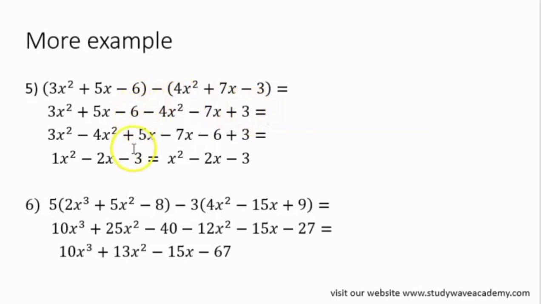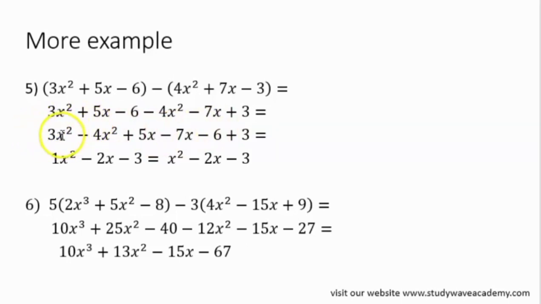Okay, the next step is to take the common variables and common numbers. So we have 3x squared plus 5x squared minus 6 minus 4x squared minus 7x squared plus 3. So we're going to be picking the same variables first. We have 3x squared here.